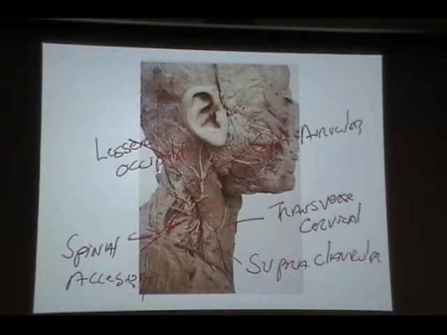Okay, so are those motor or sensory or both? Spinal accessory nerve. If I asked you to tell me what kind of components are in the spinal accessory nerve, what would you say? GSA, okay, that's proprioception.